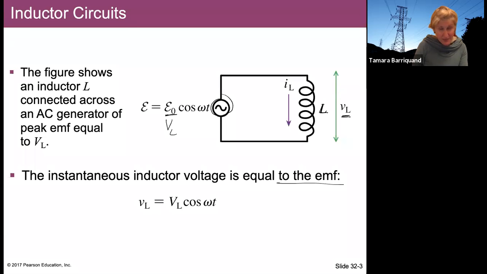So little v sub L will be equal to our peak EMF, big V sub L, cos omega t.